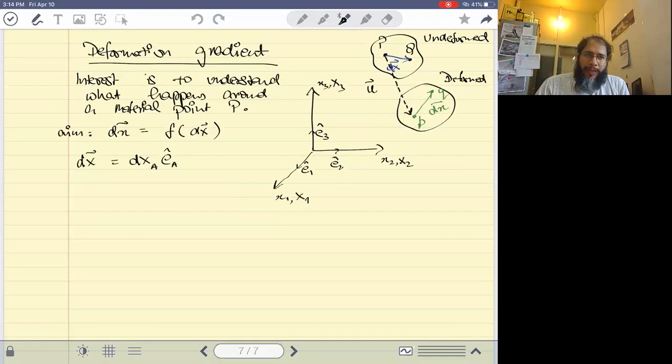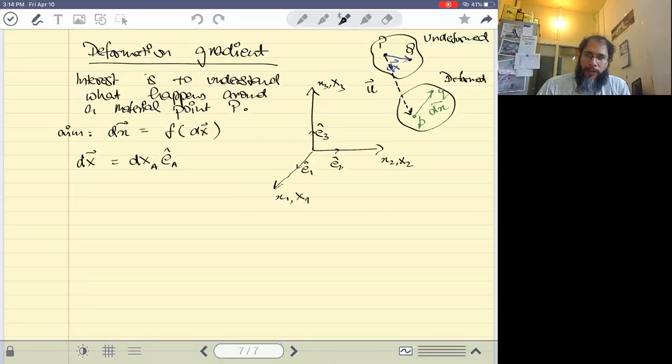You may notice that I've used a capital letter as an index here. The reason we do that is, if you have something written in terms of the material coordinates, we'll use a capital letter as the index. And if you have something written in the small or the Eulerian coordinates, or the spatial coordinates, we'll have a small letter as the index, so i, j, k, etc. It's purely for notation, nothing else.